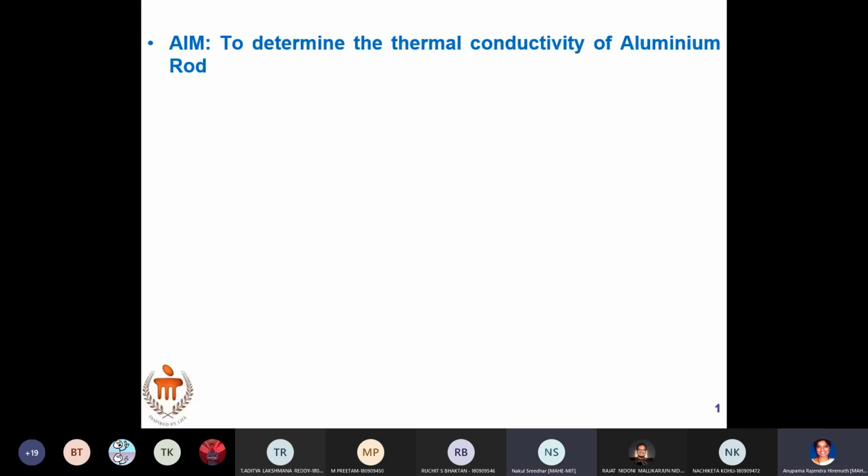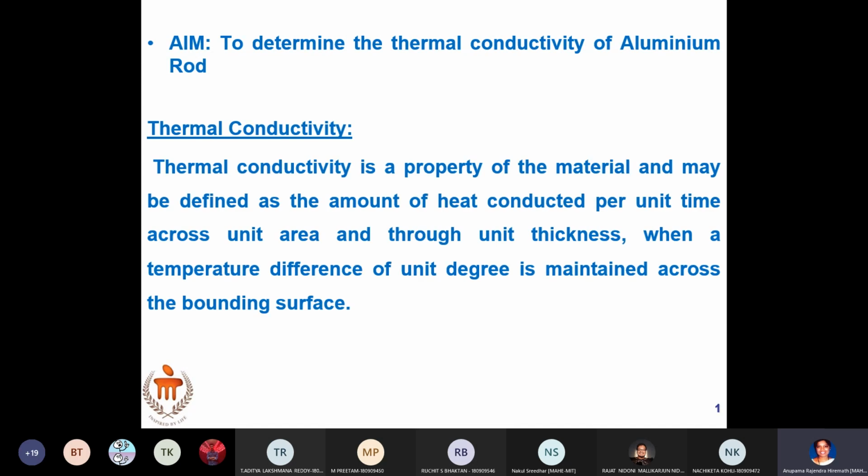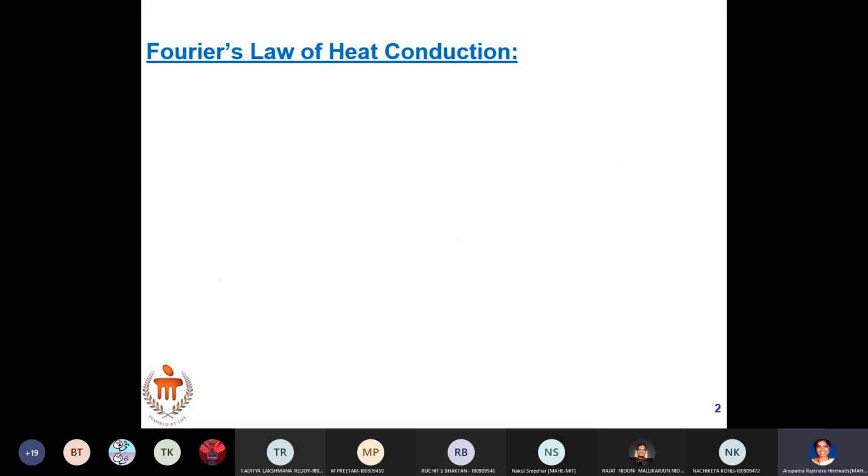Okay. So the aim of the second experiment is to determine the thermal conductivity of an aluminium rod. Again, we have discussed what thermal conductivity is. It is a property of the material and it may be defined as the amount of heat conducted per unit time across unit area and through unit thickness when a temperature difference of unit degree is maintained across the bounding surface.